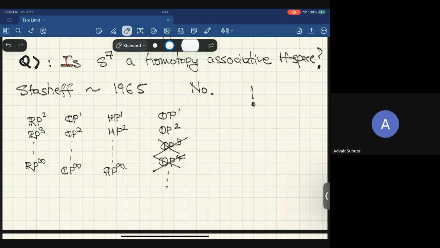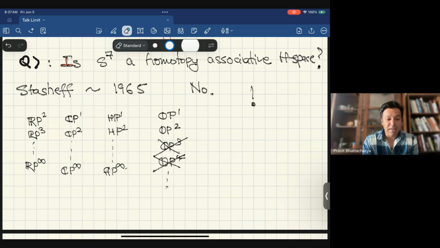This OP3, OP4, you can't do that quotienting because it's not 4-commutative or 5-commutative, is it? Right, because, yes, exactly. Because your S7 is not A3 or A4 or A5. Yeah, exactly. You cannot. Okay, thanks.